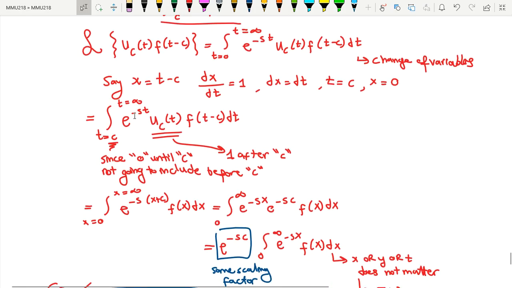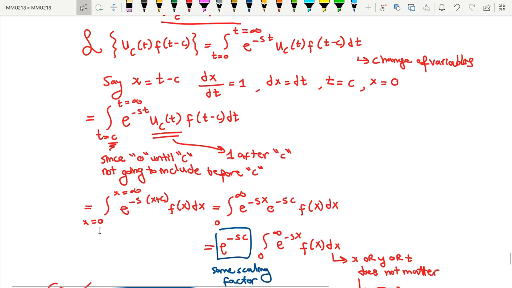Okay, and that will be equivalent to multiplying f of t minus c by e to the minus st. So instead of t over here, I'm going to now plug in x. t is x plus c from here, and t minus c is x. dt is dx.